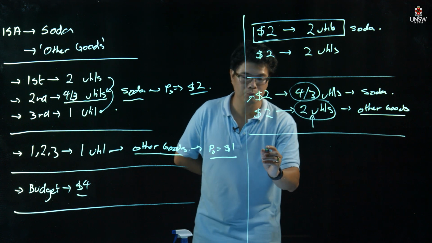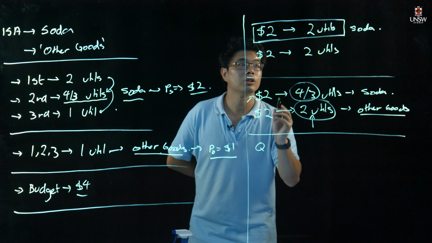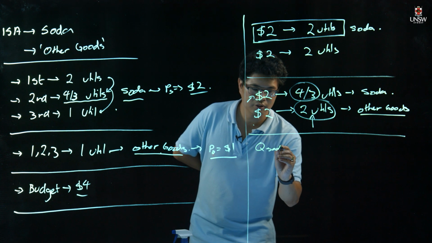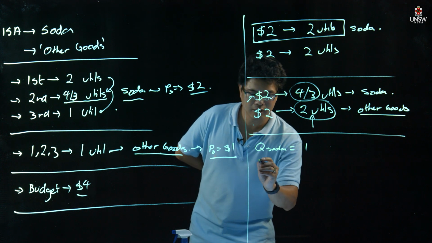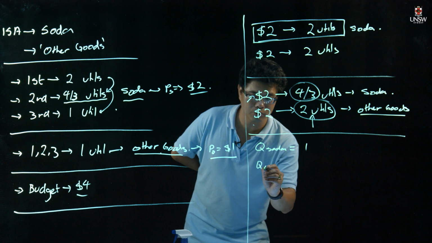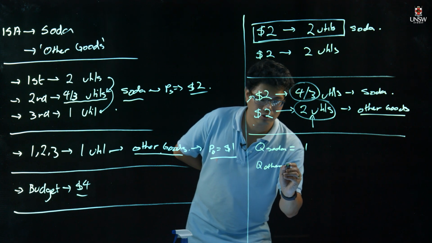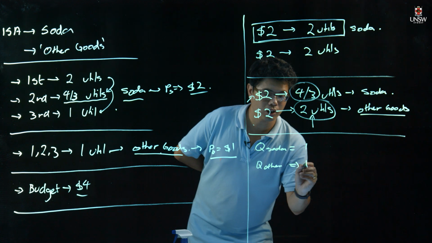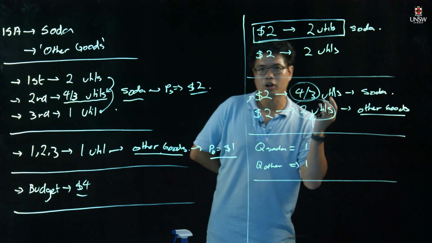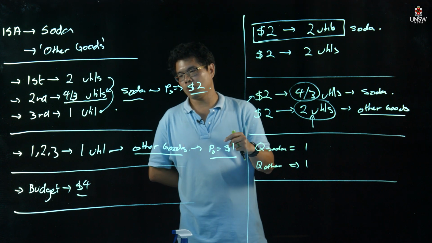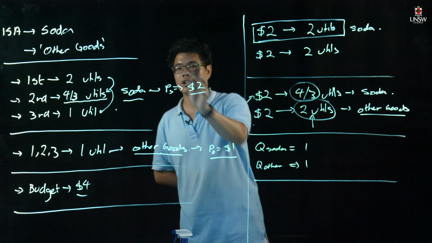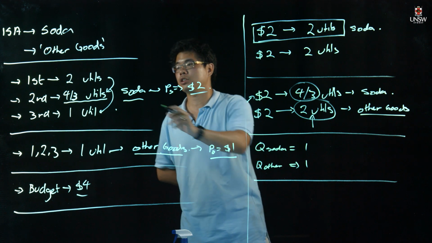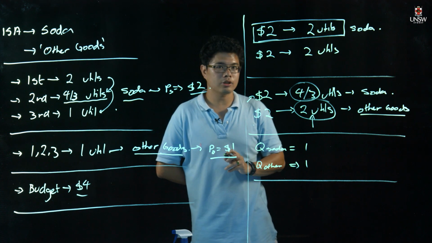So at this point we have Q of soda equals 1, and Q of other goods is basically 1. So then I still have a third dollar. Assuming that soda is divisible, would I still want to consume the second soda?